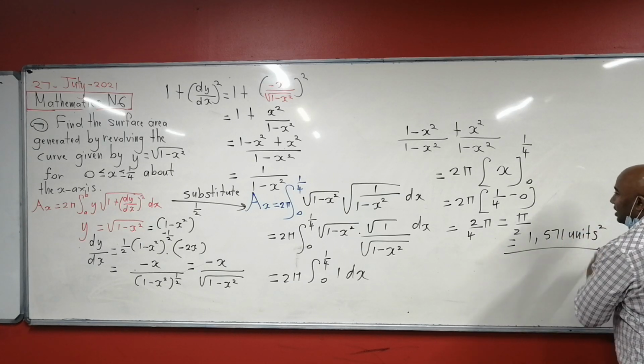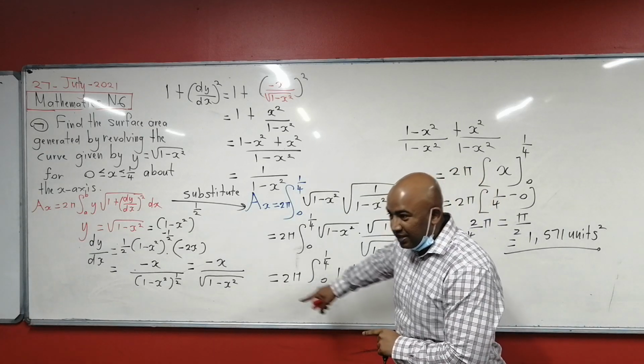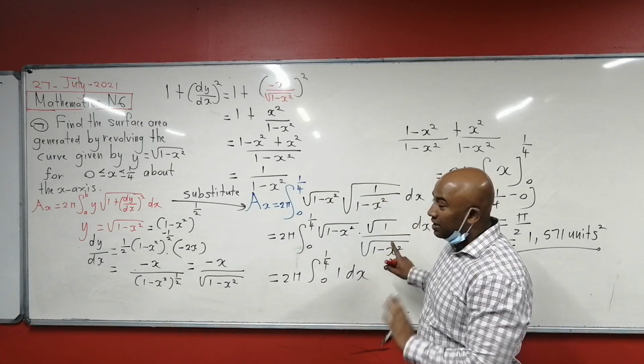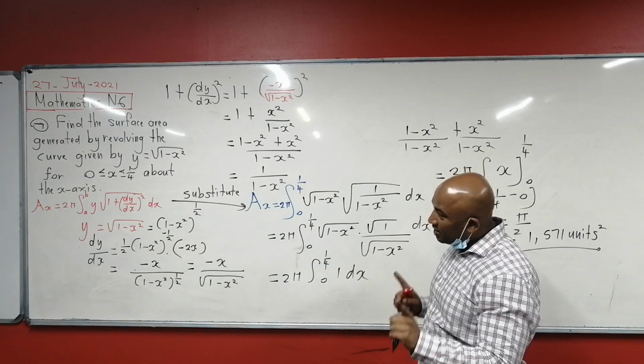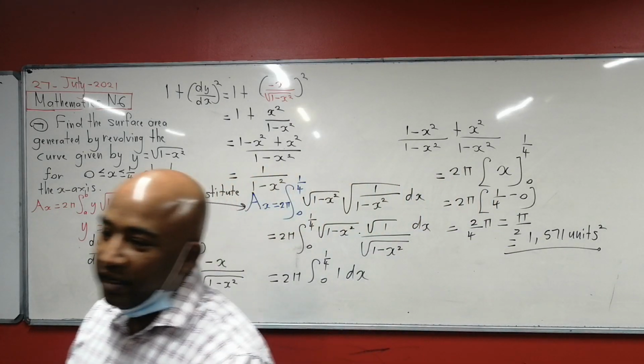So the difficulty here was not the integration, it was getting to that part. But this is still not the most difficult example. There are more difficult examples than this. But we end there for now.